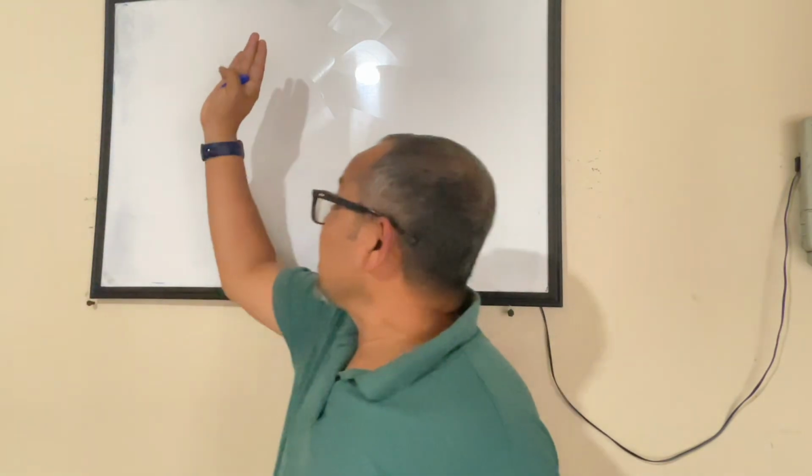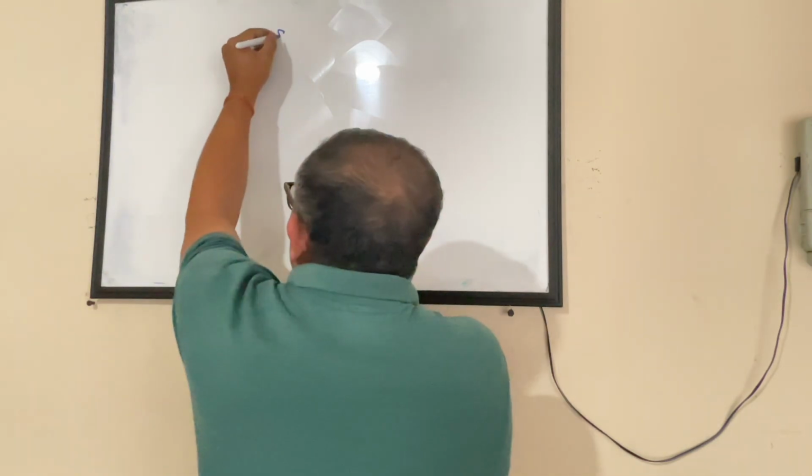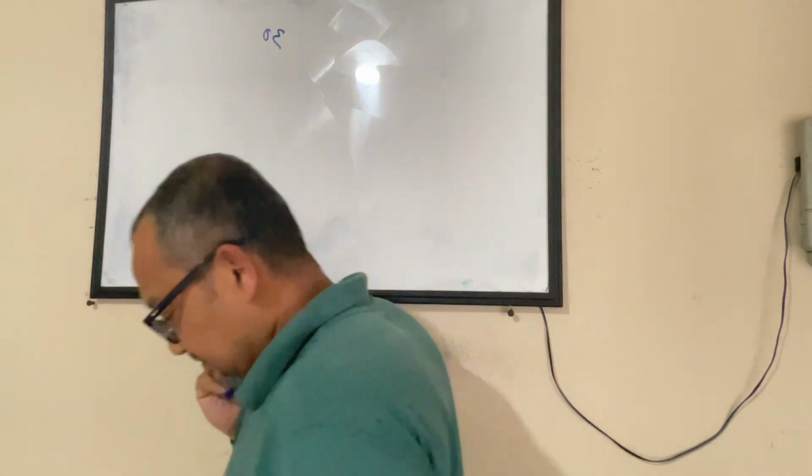So first thing is, the question says you have a class of 30 students, no doubt, right? Simple, one liner. There is a class where we have 30 students. Everybody okay with what I said? Okay.